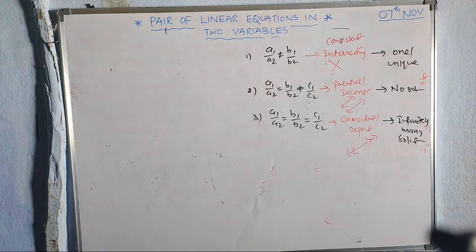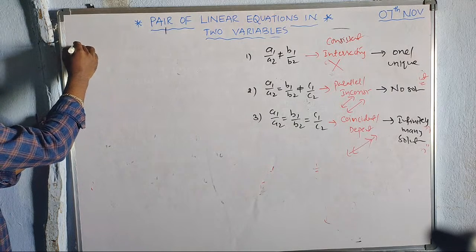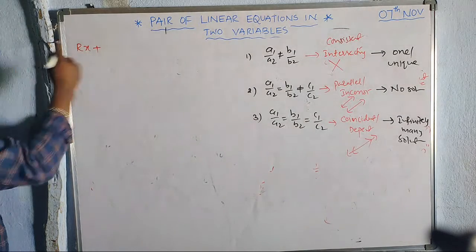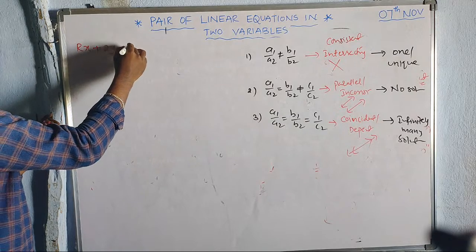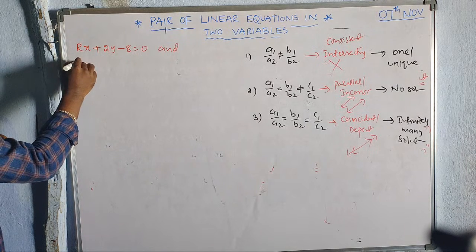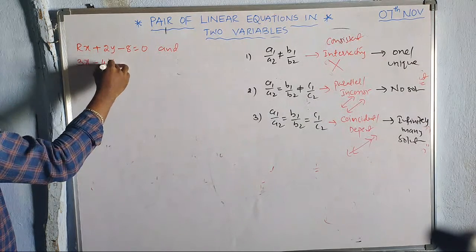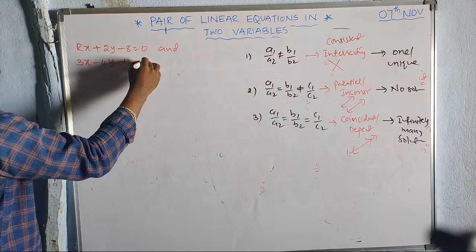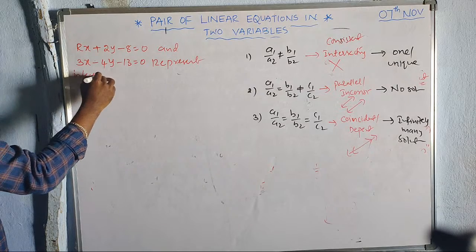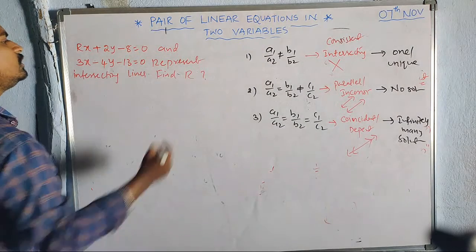Here is one more question: rx plus 2y minus 8 equals 0 and 3x minus 4y minus 13 equals 0 represent intersecting lines, then find the value of r.